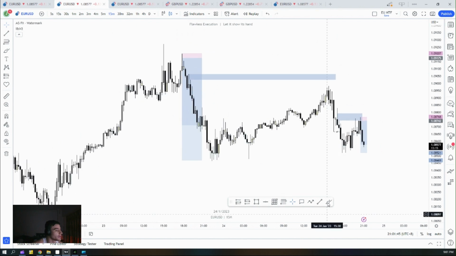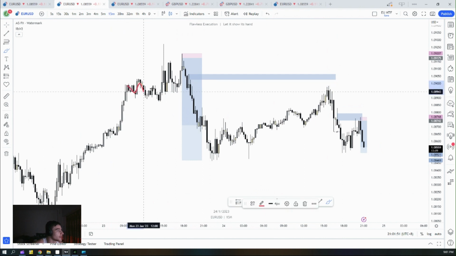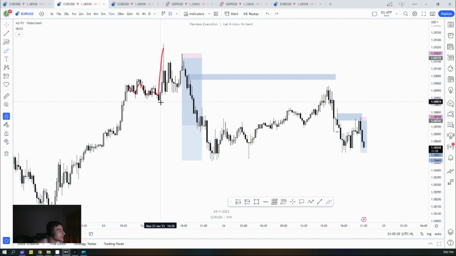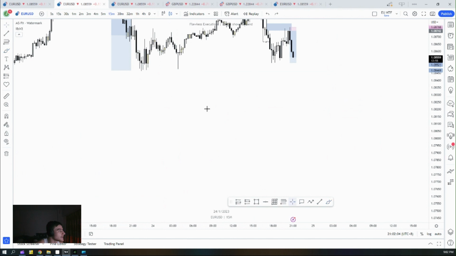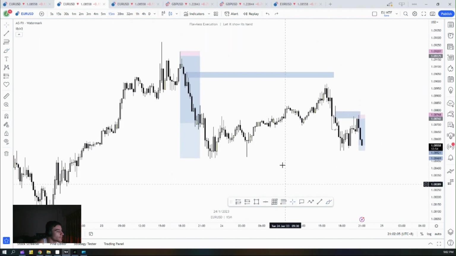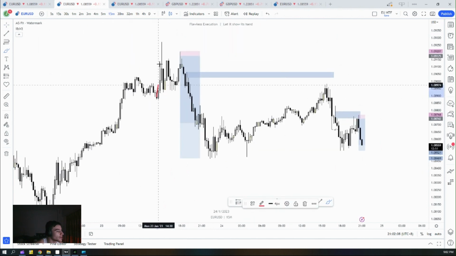Okay, so here on Euro USD, we had a little range, and then we had a large impulse out of this range, giving us a new bullish break of structure here. Now, what you'll notice is this is a very clean push. There's no inducement in this leg.